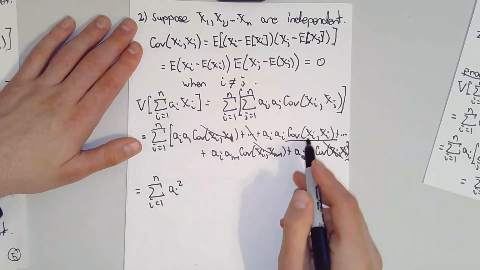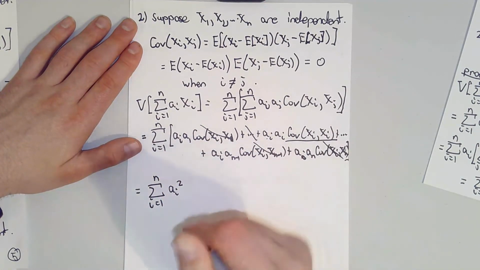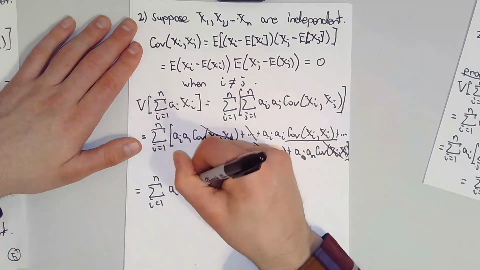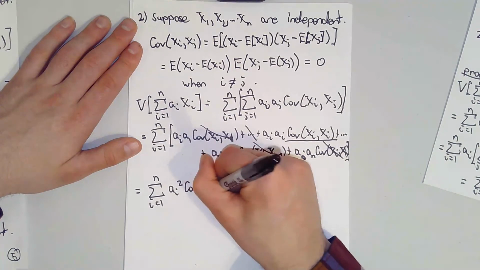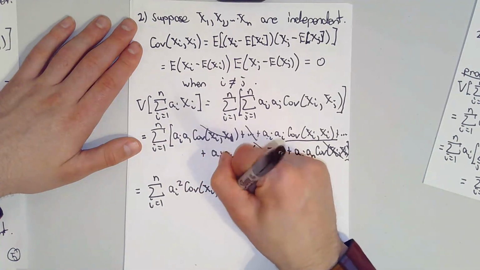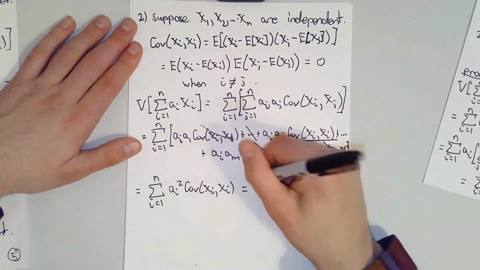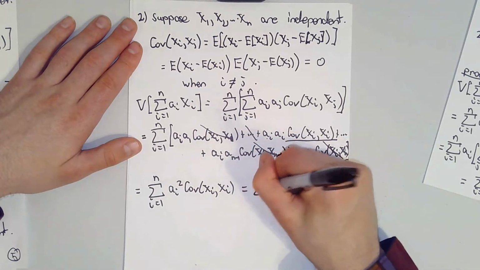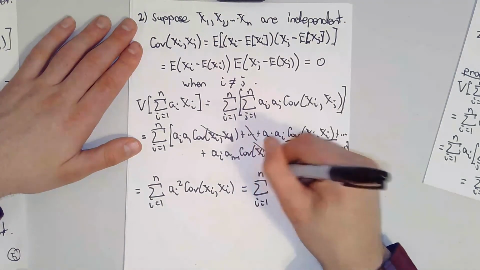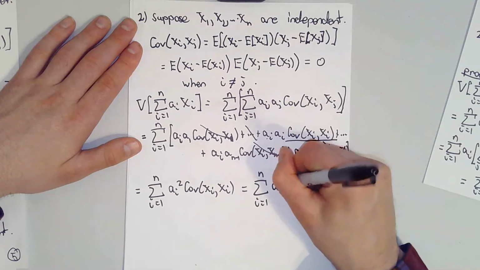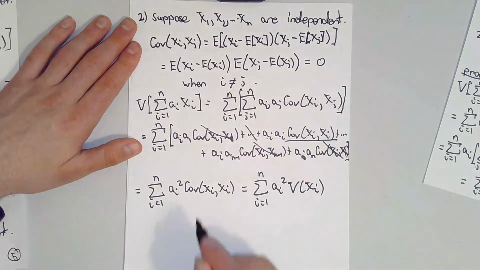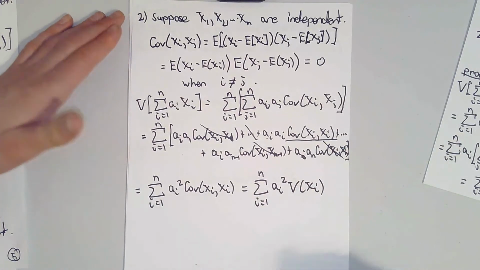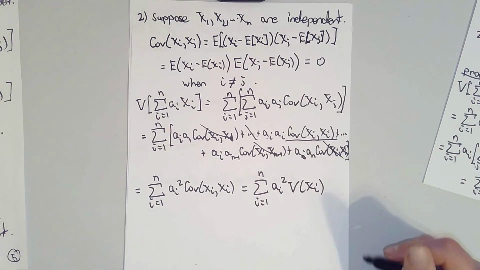So that's the only term that survives of this inner sum for each particular value of i. And this is then equal to the variance of x sub i for each value of i. And this concludes the proof.